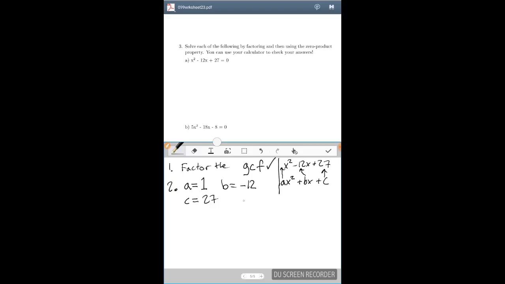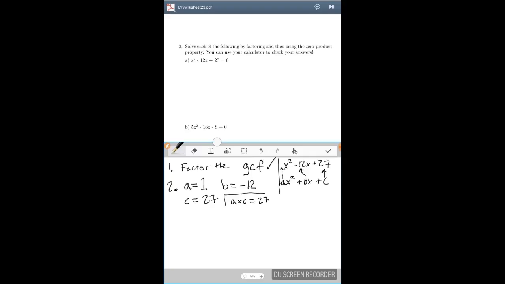All right, so once we've done that, we need to actually compute a times c. So let's try to do that. Over here, a times c is equal to 27. So again, this gets really nice because the a is 1, but we'll need this later, especially for something like b. Okay, it says compute that and find two numbers that multiply to get a times c and also add to get b. So we're not doing anything different yet.